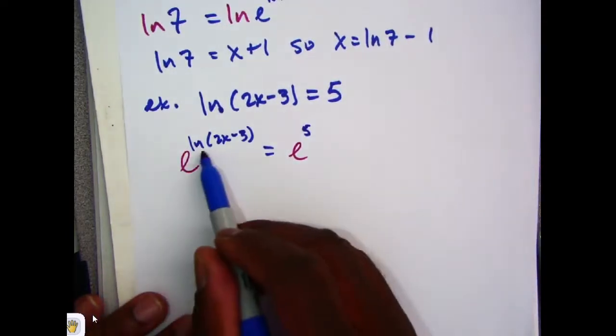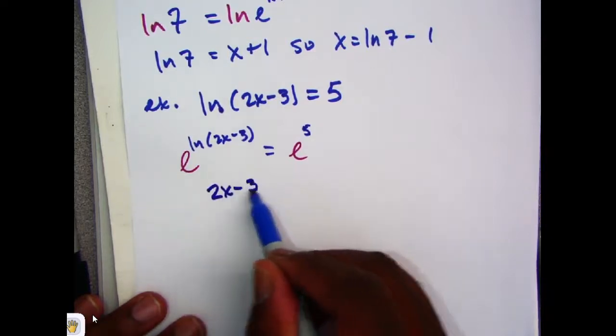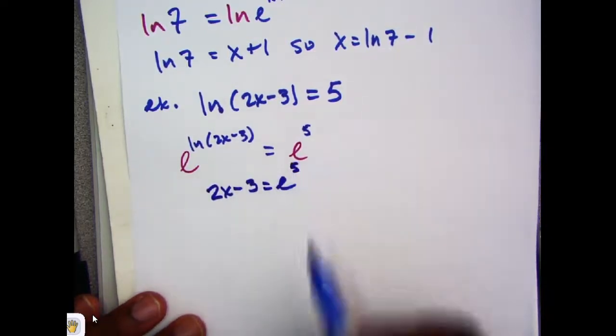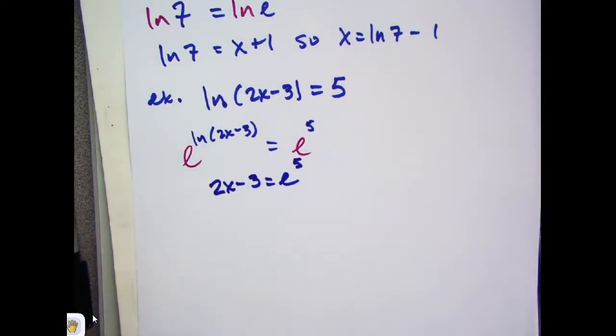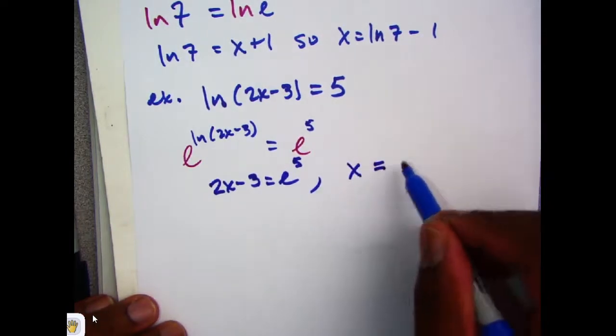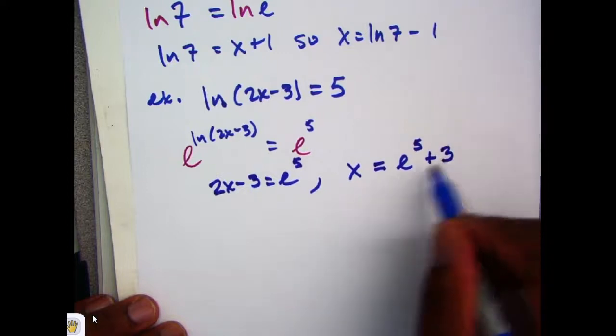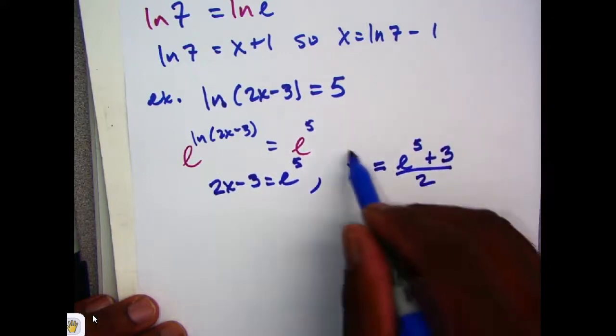So now this undoes the natural log, and you're going to get 2x minus 3 is equal to e to the 5th. And solving, you're going to get x is equal to e to the 5th plus 3, and all of that will be divided by 2.